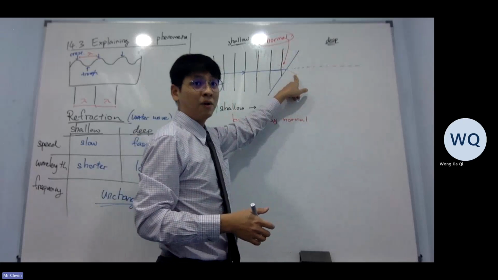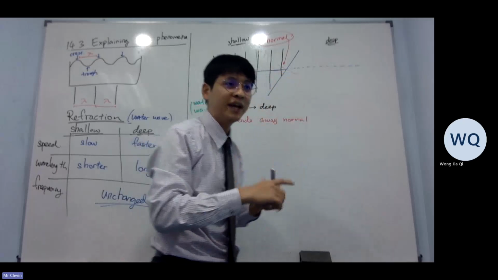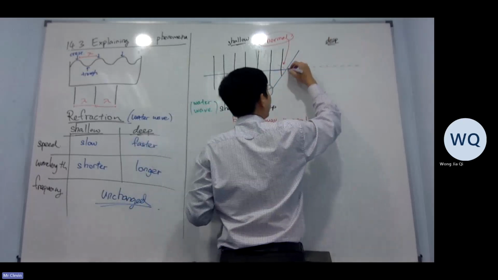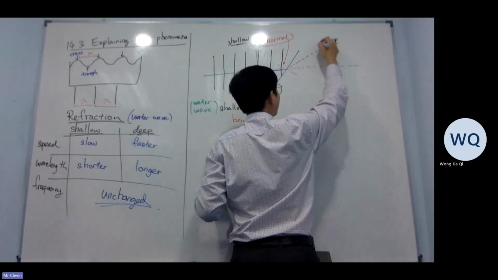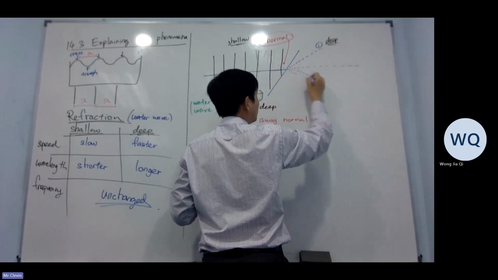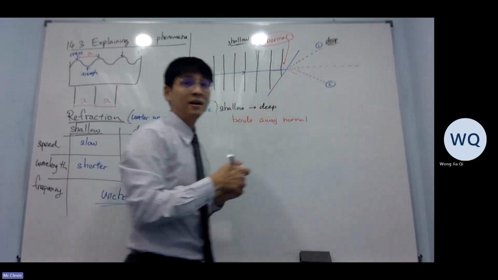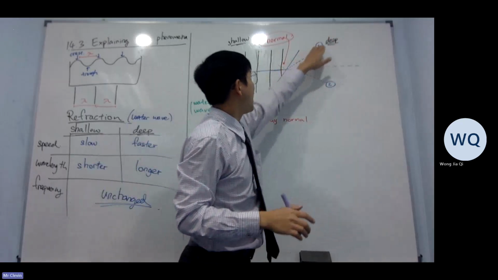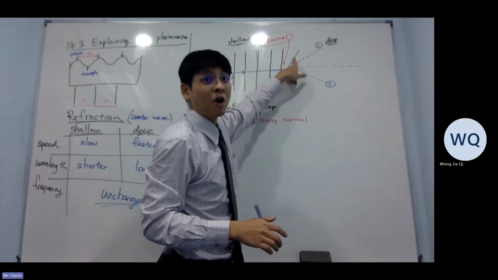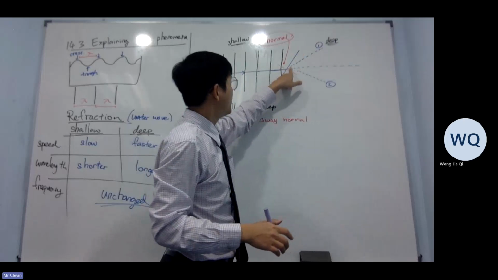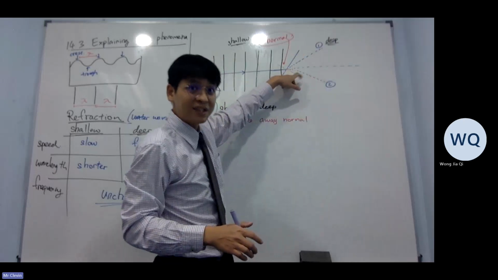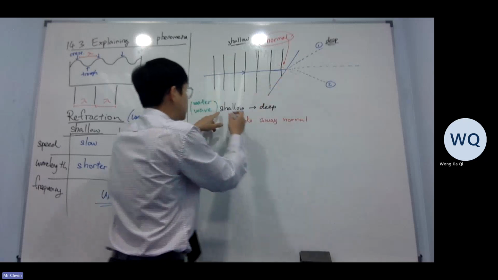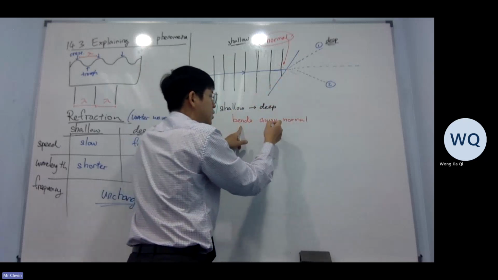If this is my normal, I have two ways of doing it. Number one, I can go up here. Number two, I can go down here, correct? If I'm going number one, I'm actually going away from the normal, agreed? If I'm going number two, I'm actually going towards the normal, agreed? But shallow to deep, bend away from the normal.